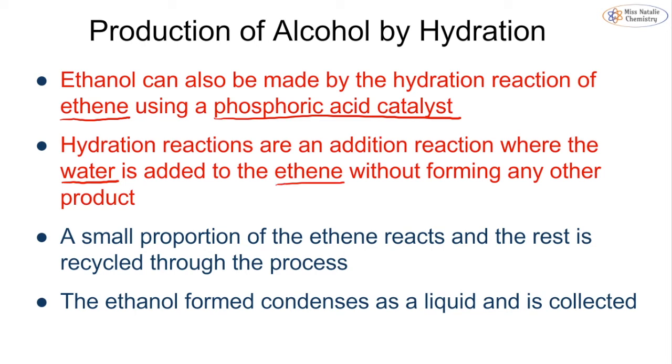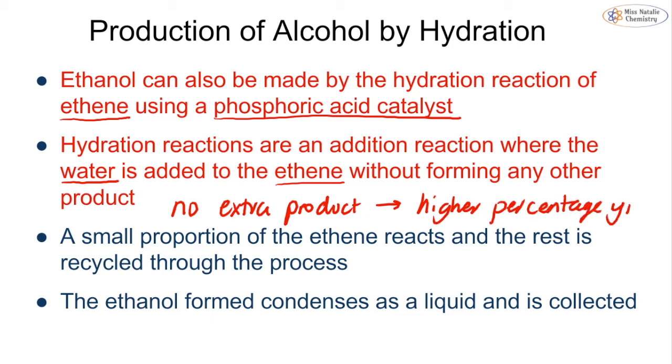And the best thing about this is we get no byproducts. So when we do fermentation, we do make that carbon dioxide as a waste product. Here, we have no extra product. And the best thing about this is it then gives us a higher percentage yield.